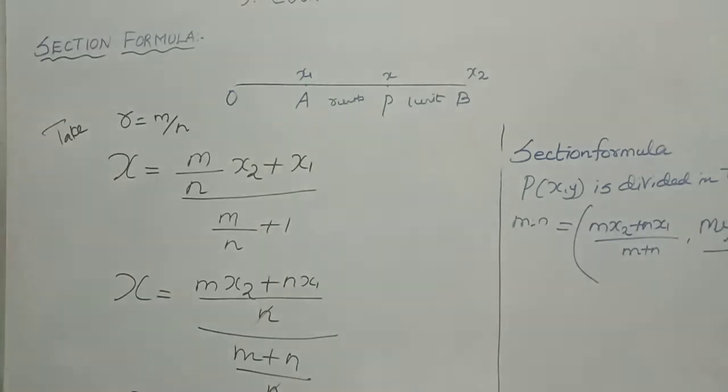That's all. This is the section formula for the point, for the line divided in the ratio r is to 1 or m is to n.